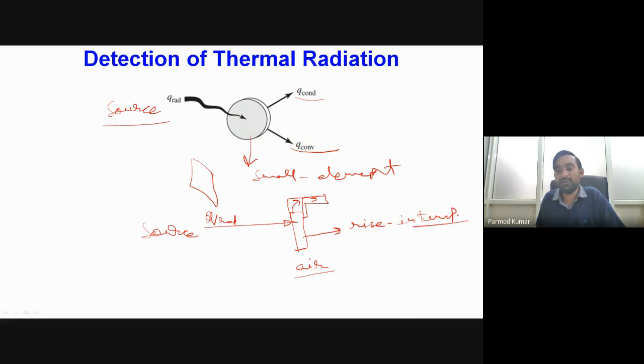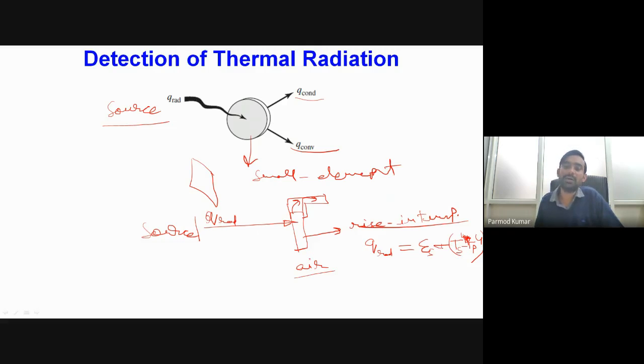If we consider that we have negligible conduction and convection effect, then whatever radiative flux we have subjected, Q radiation, will be equal to epsilon of that particular source from where we are getting these radiations, times sigma, times Ts to the power 4 minus Tp to the power 4, where Tp is the plate temperature.